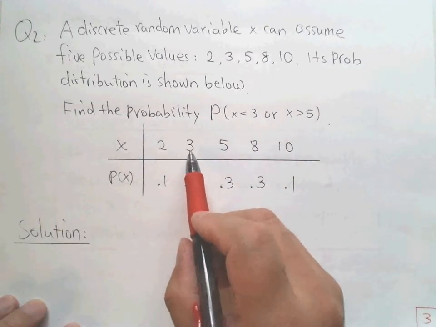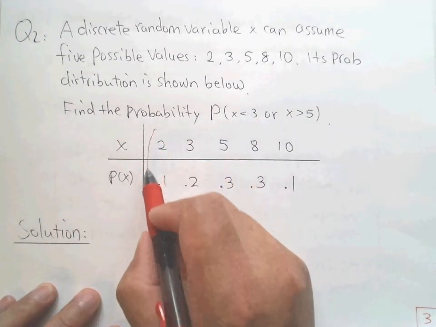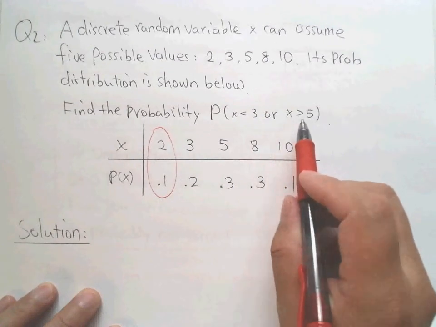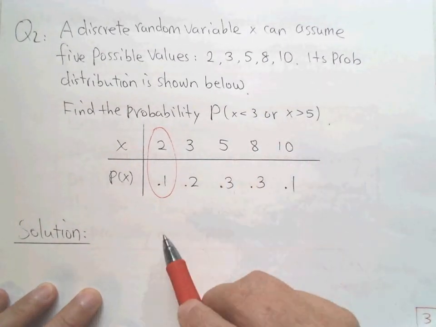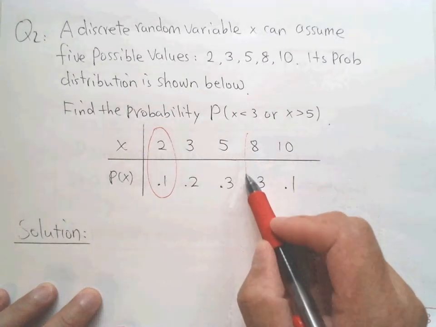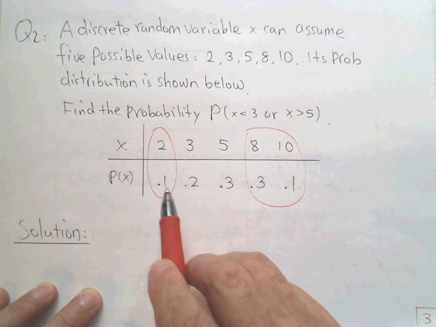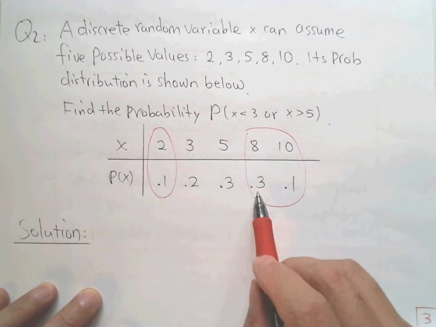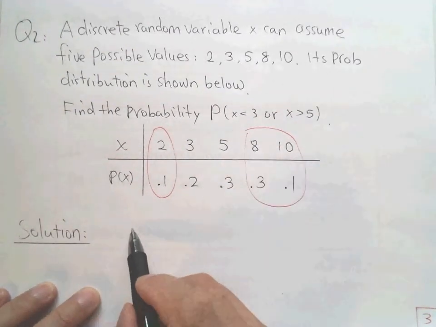Less than 3: 3 is not less than 3, it equals 3, so only 2 is less than 3. Then x greater than 5: 5 is not greater than 5, but 8 is greater than 5, and 10 is greater than 5. I circle the corresponding probabilities, and we add 0.1, 0.3, and 0.1 together. That's all we need.